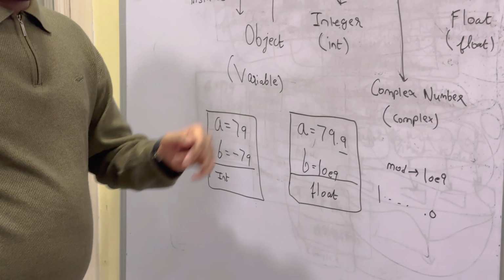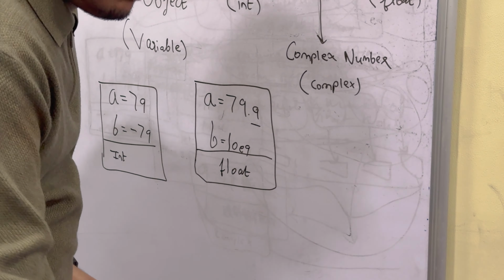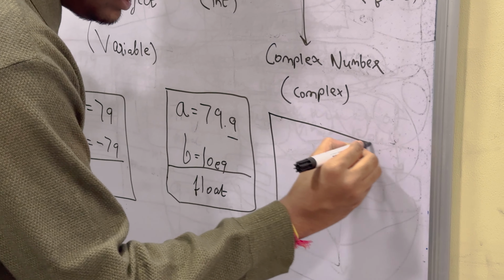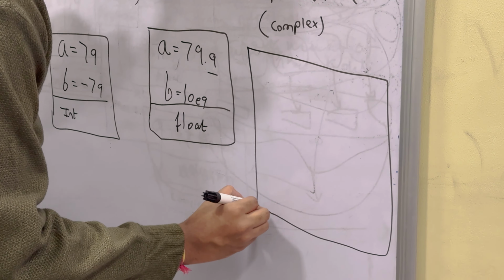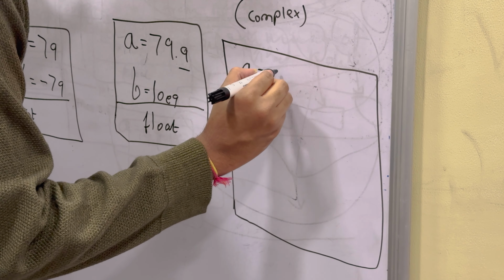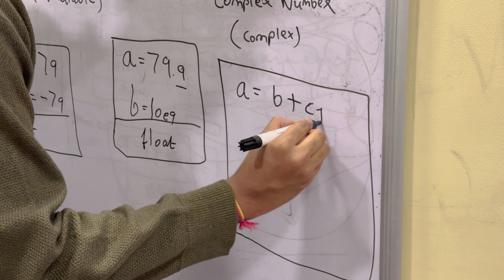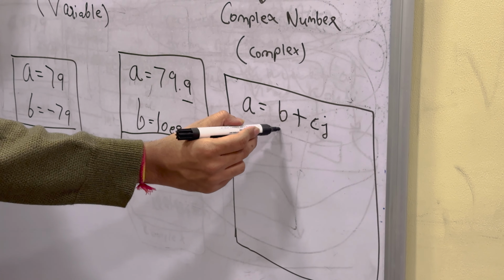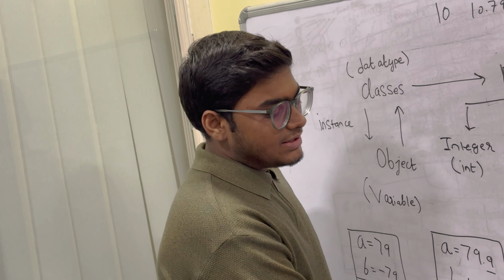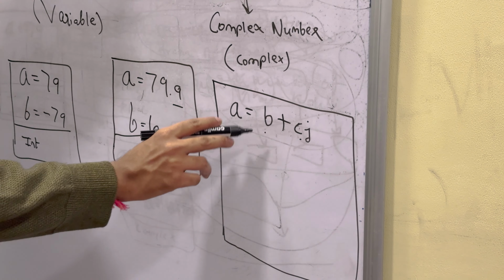Now, complex numbers. So for the complex numbers, let me show you. Now, complex numbers has the form, let's give it, b + cj. Now, b over here is the real part, while c is the imaginary part. Anything which is related with j becomes the imaginary, while anything which is with b becomes the real.